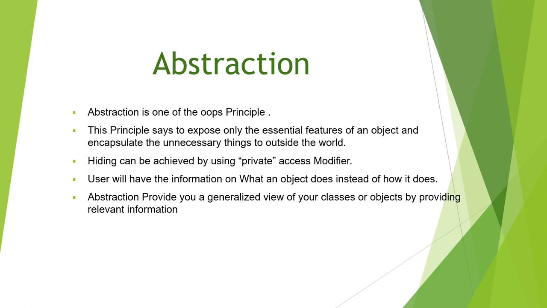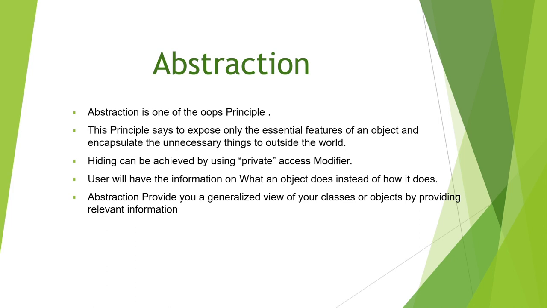You're just pressing the button and it is solving your purpose. It is changing the channel. So this is called abstraction. We have abstracted the complexity of how a remote is working, and we have given only a simplified way of using the television through buttons on your remote.